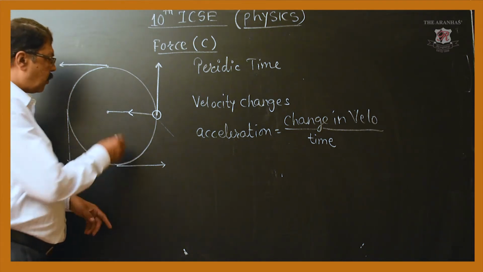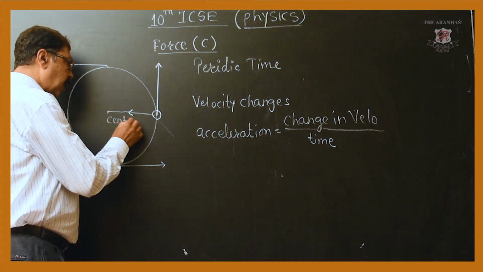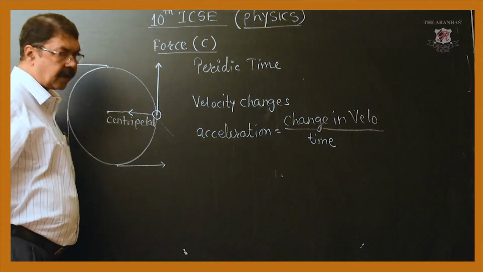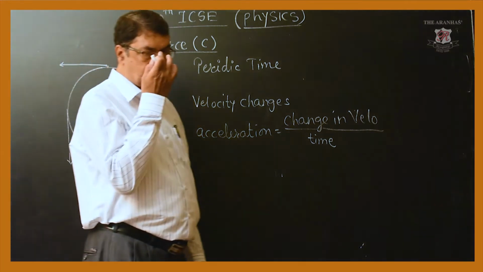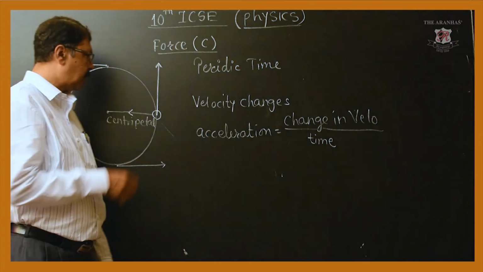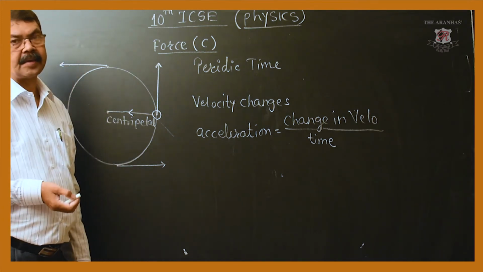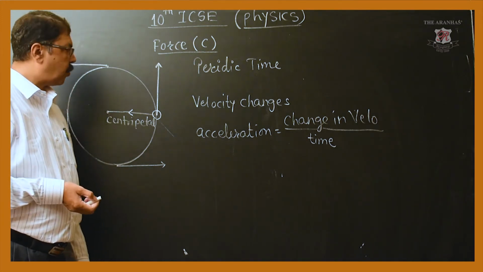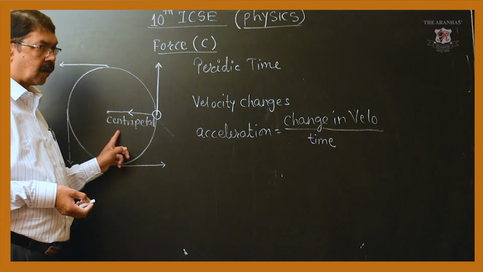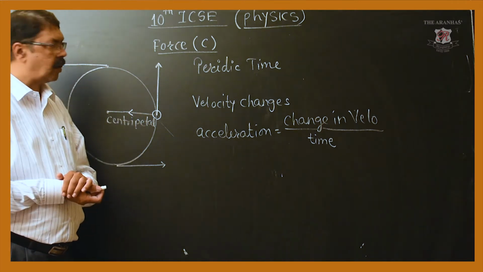This force, which is directed towards the center, is called centripetal force. The meaning of the word centripetal is given at the bottom of the page of this chapter. It is center seeking or directed towards the center. So whatever force is directed towards the center of the circular path is called centripetal force.